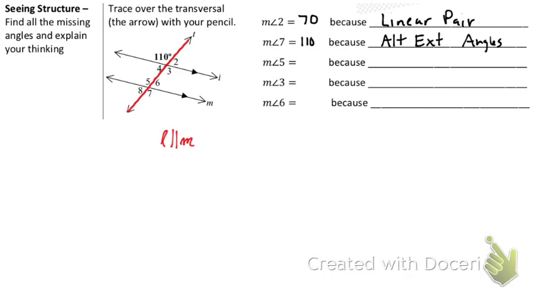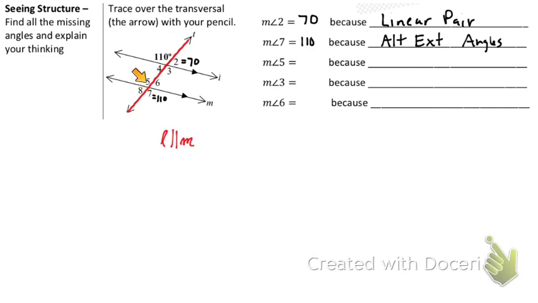Next one, angle 5. So this is equal to 110. This one is equal to 70. I'll keep these in there. Okay, angle 5 now. Since we know angle 7, we can say angle 5 and angle 7 are vertical angles, and vertical angles are congruent.